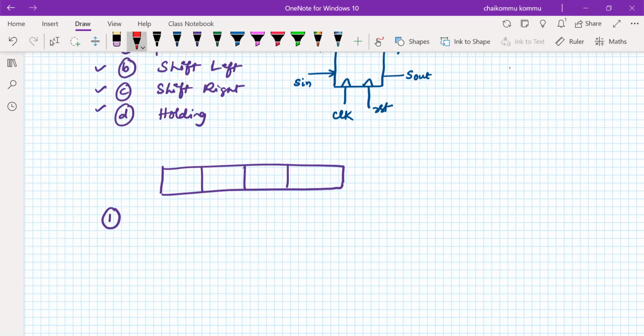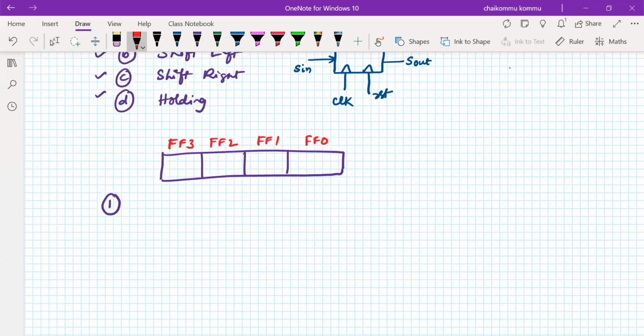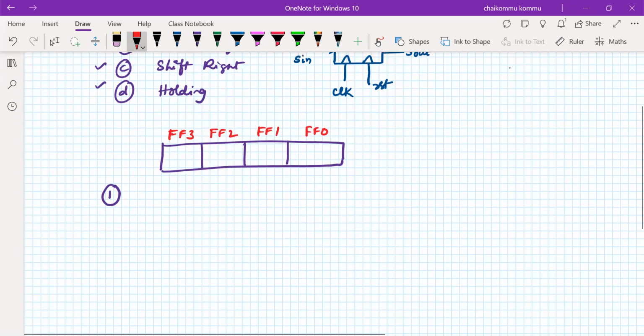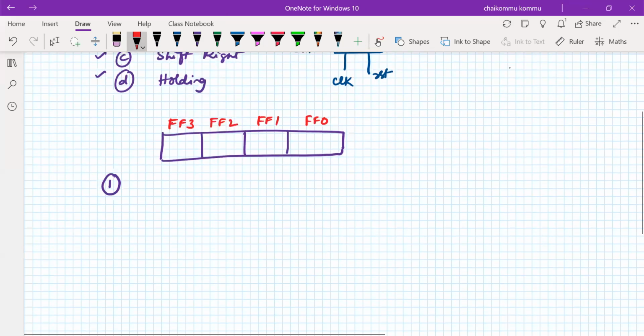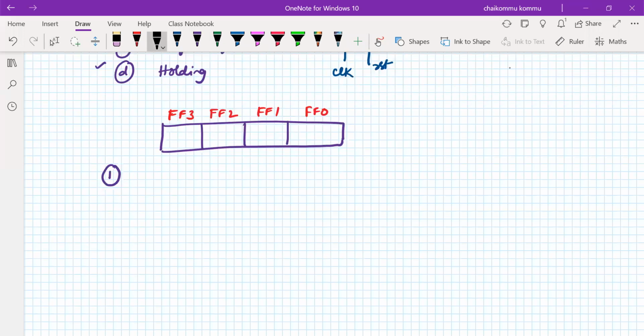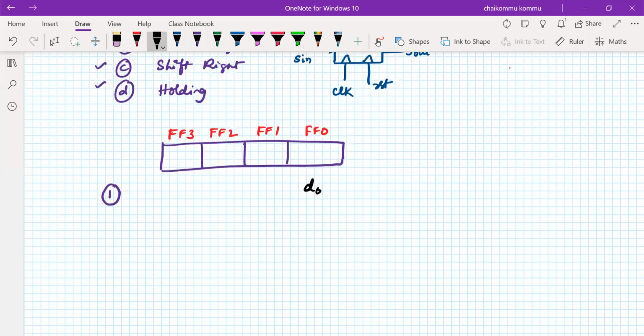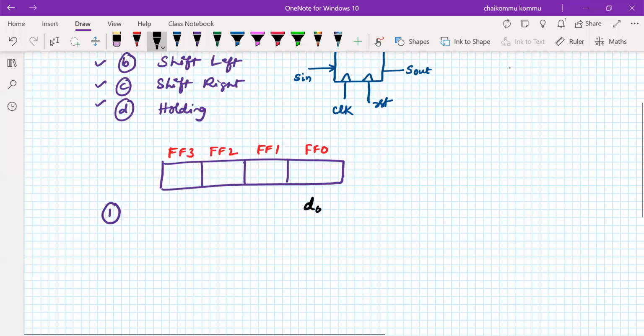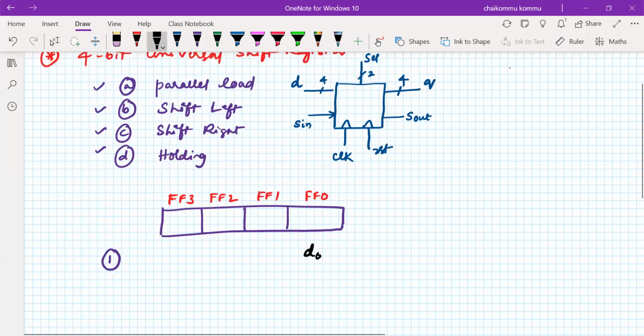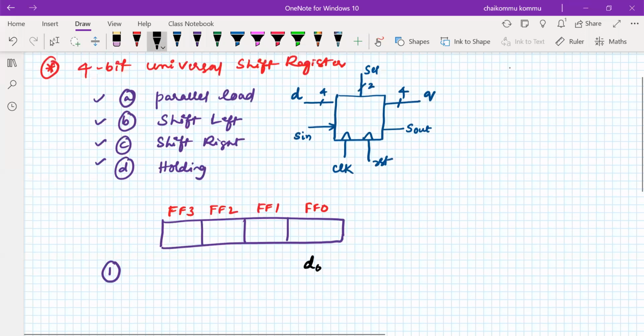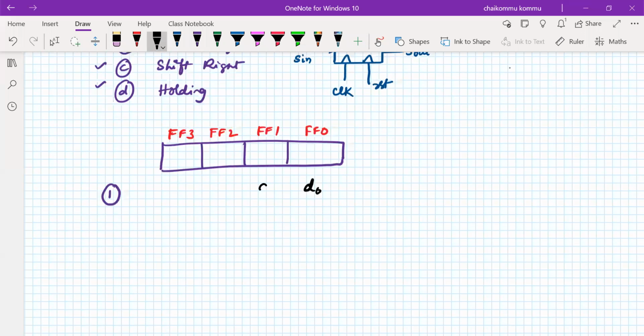For the sake of simplicity, I'm writing flip-flop 0, flip-flop 1, flip-flop 2, flip-flop 3. Now, in the parallel loading, flip-flop 0 is filled with D0. Everybody knows that D is a 4-bit size. The LSB D0 is assigned to the first flip-flop, then the second, third, and fourth flip-flops.